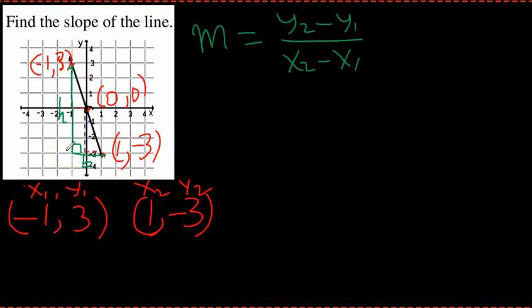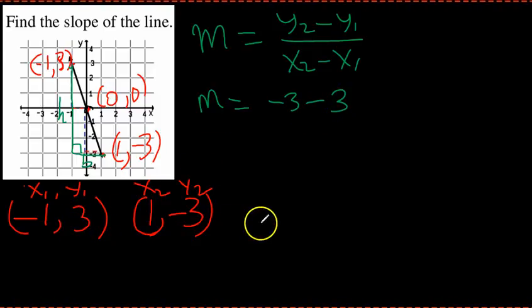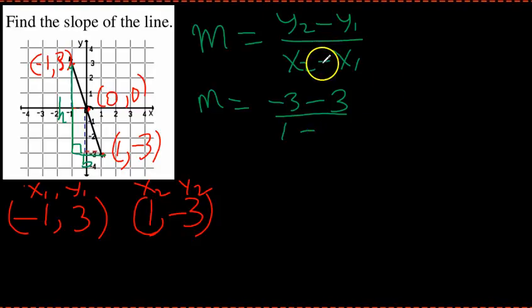So the slope is y2, which is -3, minus y1, which is 3. So over, we have x2, which is 1, minus x1, which is -1.